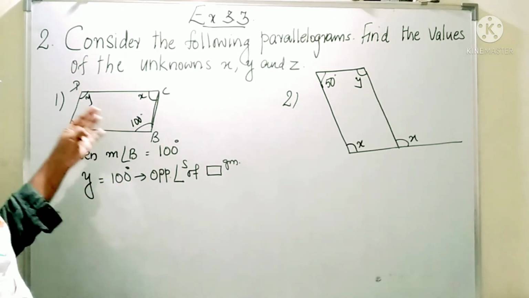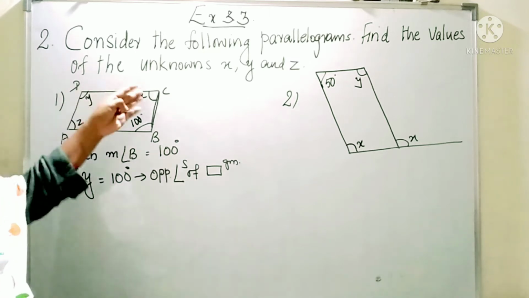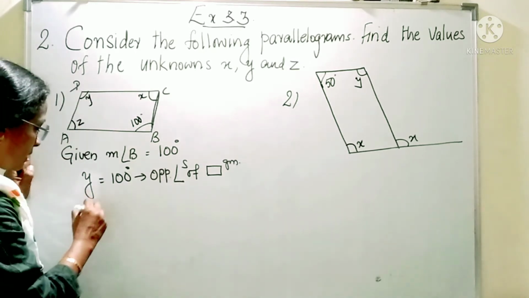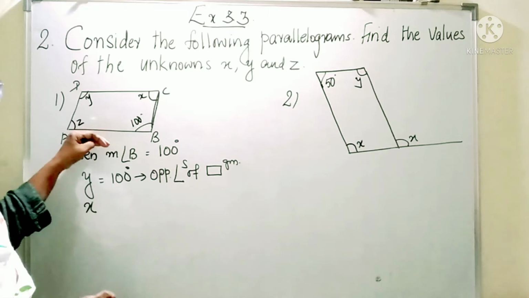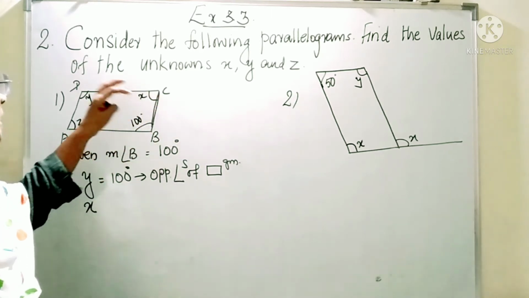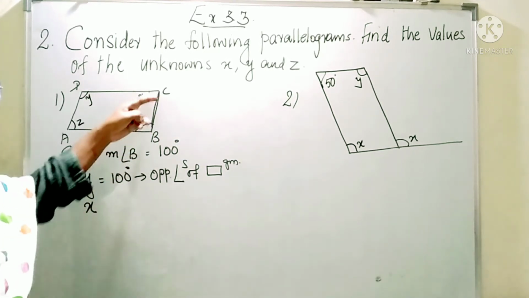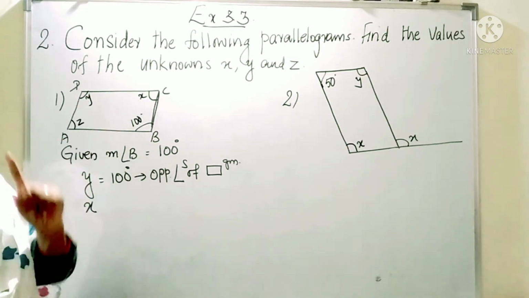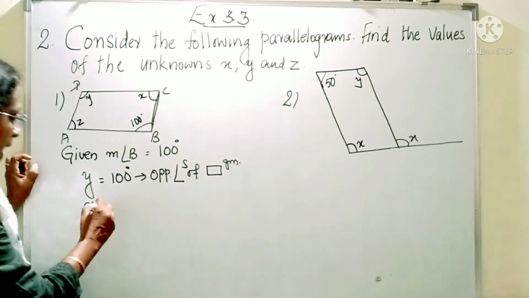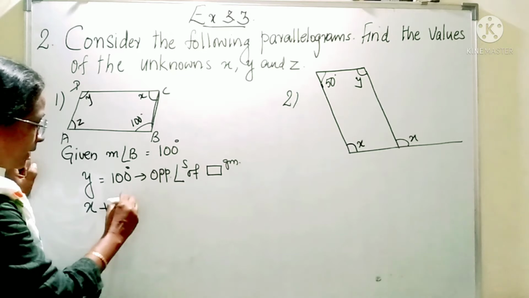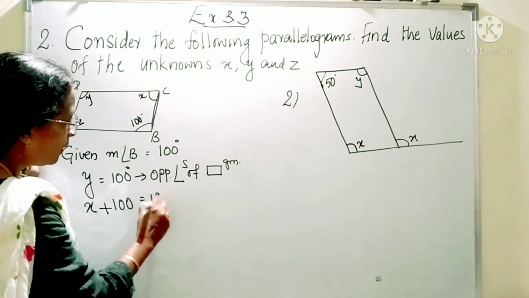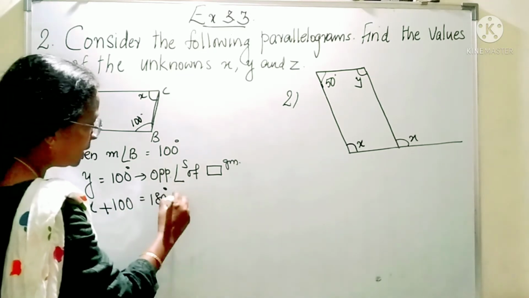Okay, now you can find out either z or x. So let us find out x. What is the relation between x and 100, or between x and y? What type of angles are they? They are adjacent angles. So let us take x plus 100 is equal to 180 degrees. What is the reason?